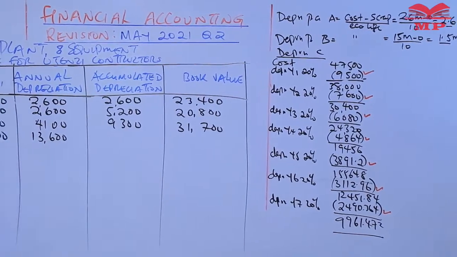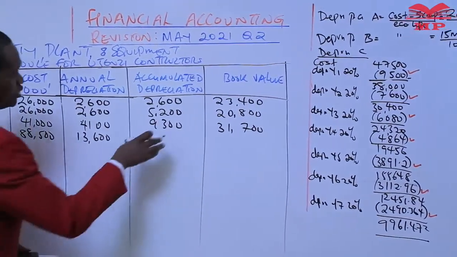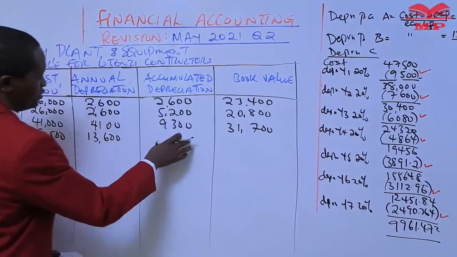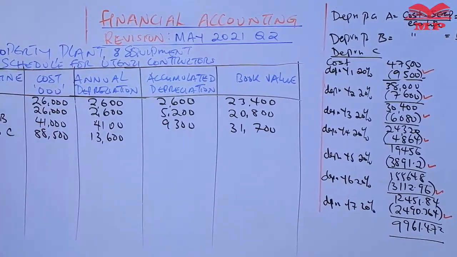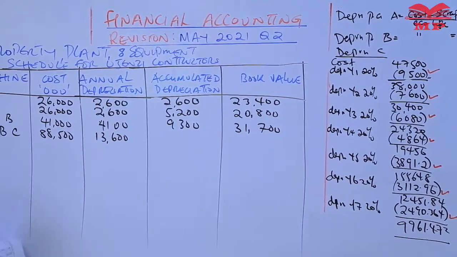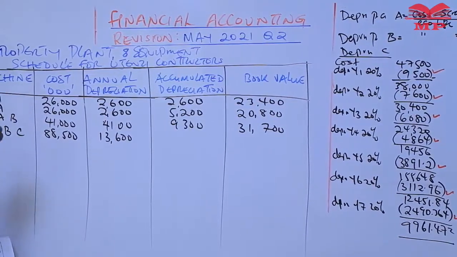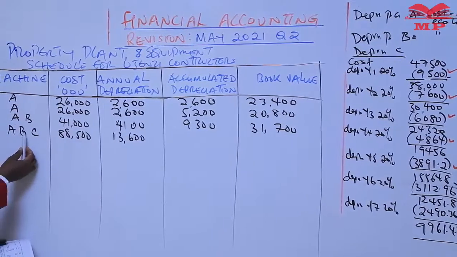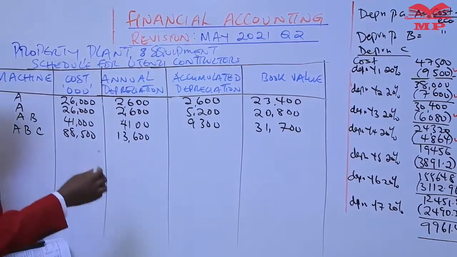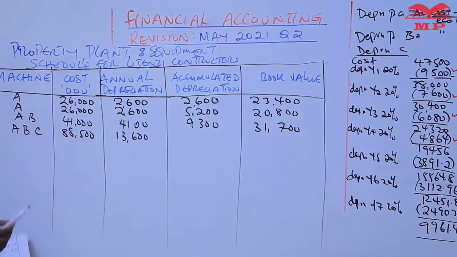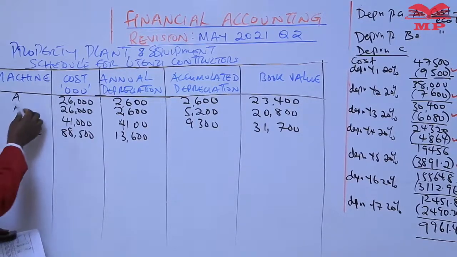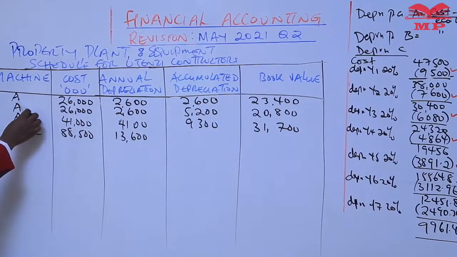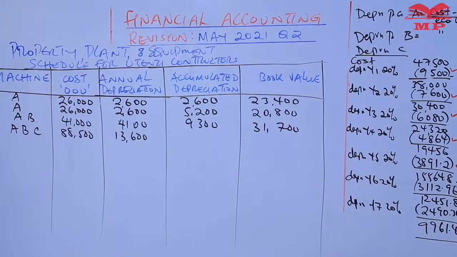Now let's move to accumulated depreciation. Candidates, you are going to accumulate the depreciation for machine A, B, C. Machine A has been in existence for 4 years.